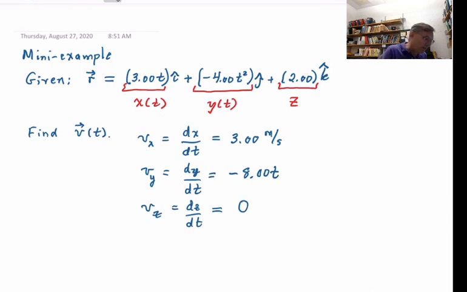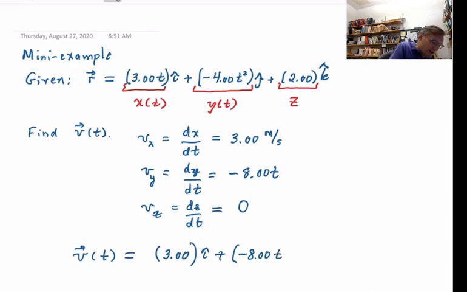So the final answer, we're not quite done, for the velocity as a function of time is, take the expression for v sub x, for brevity I won't write the units, so 3 times i hat plus, now v sub y, negative 8t times j hat.